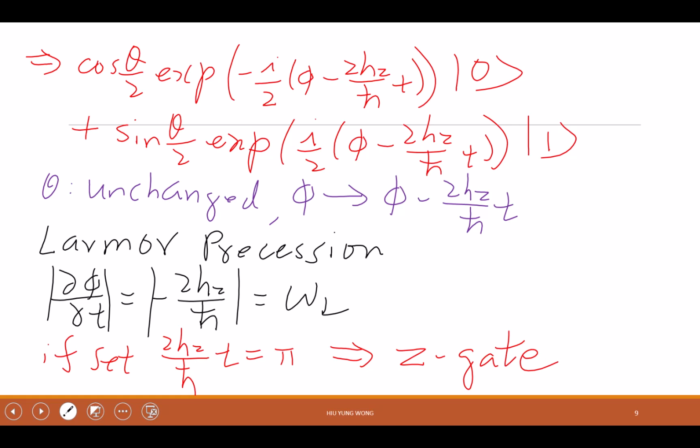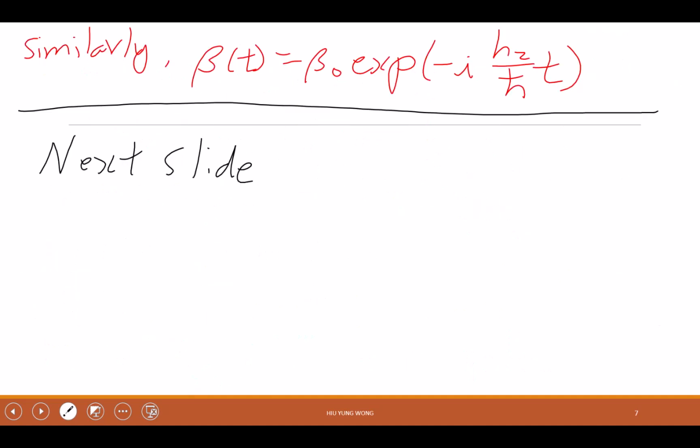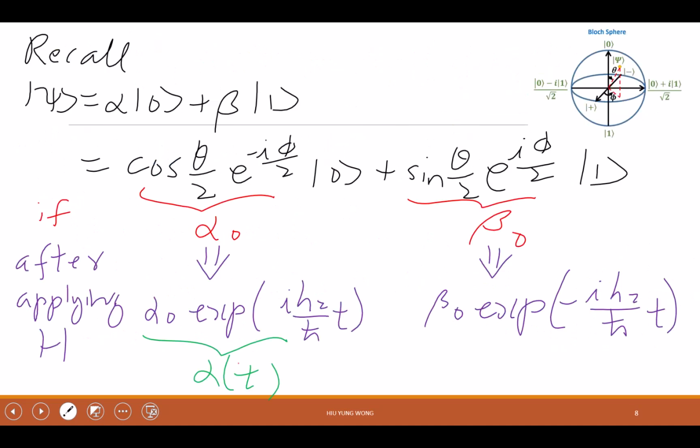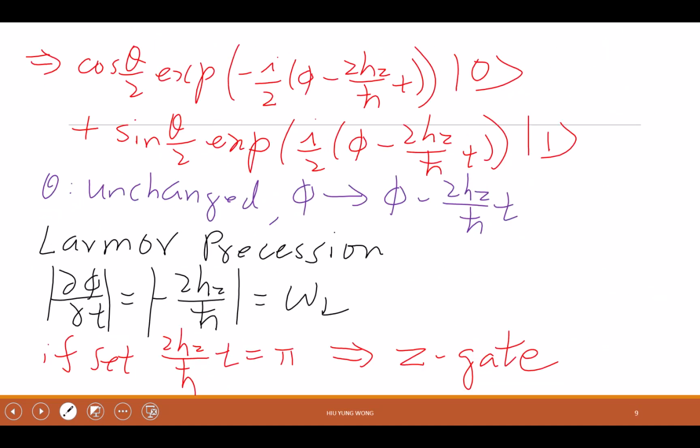If I can apply a Hamiltonian corresponding to the Pauli Z matrix, for the right time and right strength, then I will be able to implement a Z gate. That's all I want to say. Make sense? Any questions?